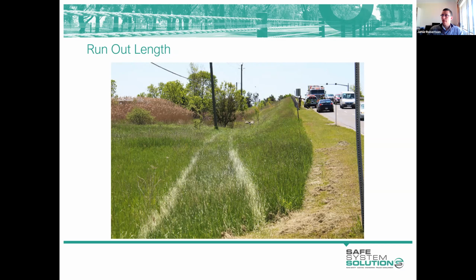There is a barrier up here shielding the worst part of the embankment, but if that was designed based on the run-out length method, you would have seen the barrier extend quite some distance down the hill to shield vehicles from the river and the pole and the tree and everything else that you can see there.